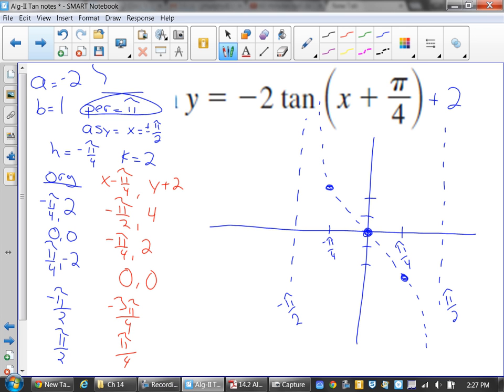Now, if you look at your graph, it just so happened, again, to be dumb luck, that most of these points are already plotted on there. The one we don't have is the negative 3 pi over 4. Is negative 3 pi over 4 to the left or to the right of negative pi over 2? So we just put it in.